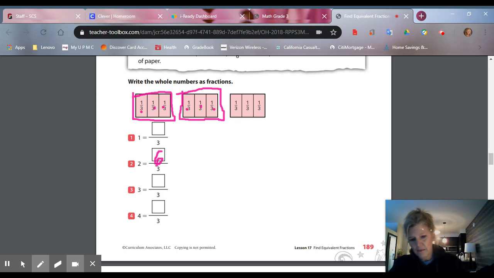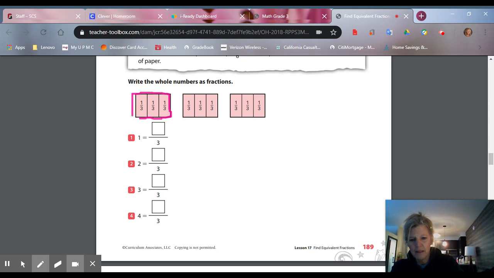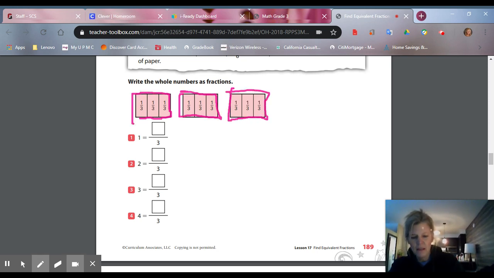Number 3. Let's take a look at 3 wholes. 3 whole sheets of brownies, or pans of brownies, 1, 2, 3 whole sheets of brownies cut into thirds would be how many thirds?